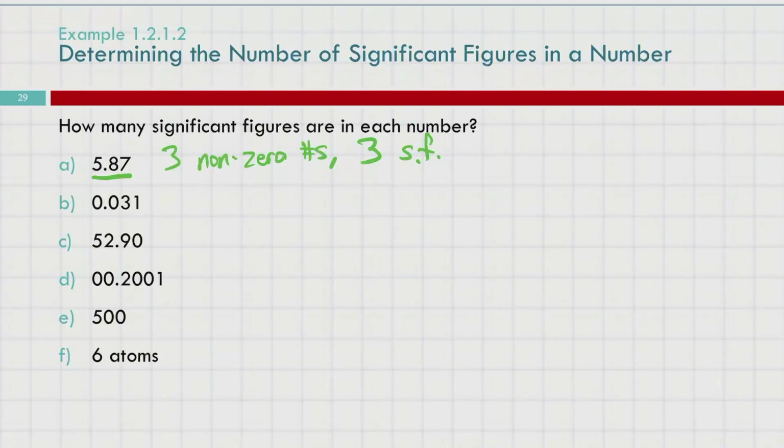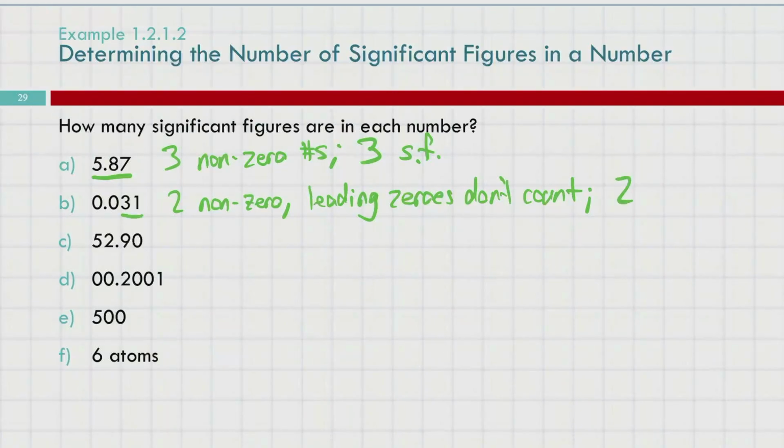In B, we have 2 non-zero numbers and leading zeros don't count or aren't significant. So that's 2 significant figures.